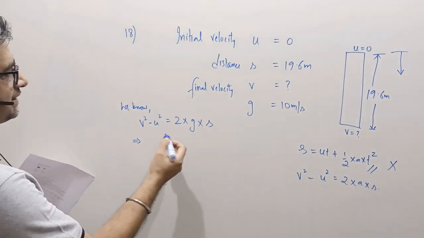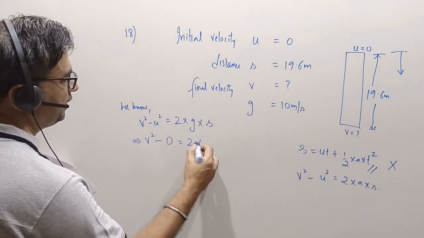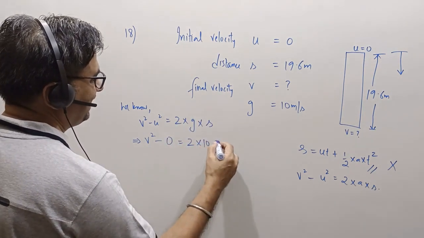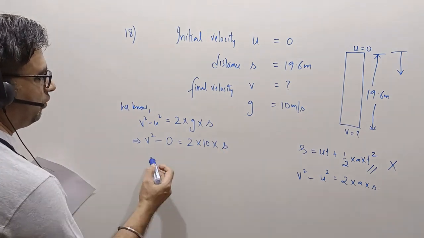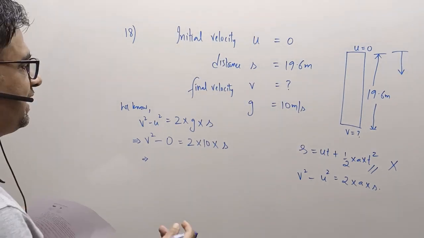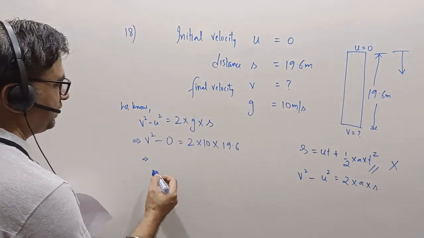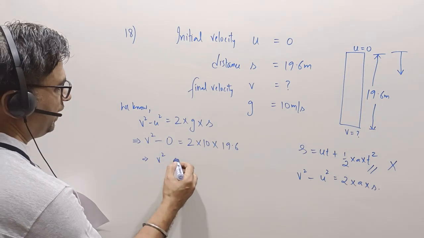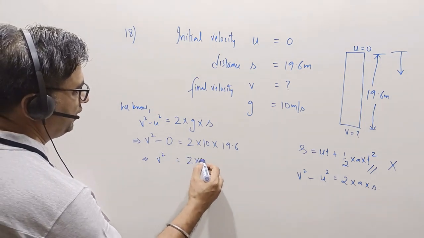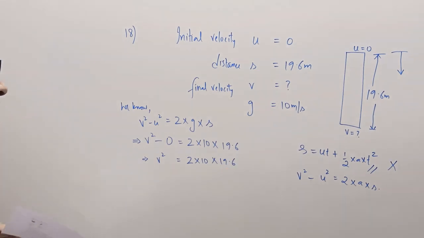So in this case, v square minus u square, where u is 0, is equal to 2 into g, which is given as 10, and s is the distance, which is 19.6. So v square comes to 2 into 10 into 19.6.